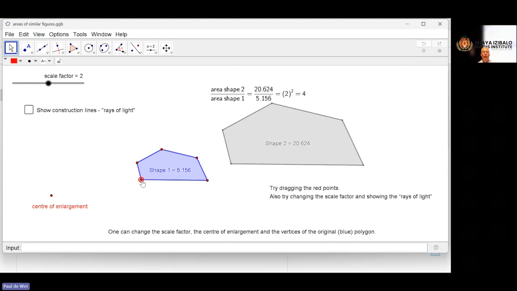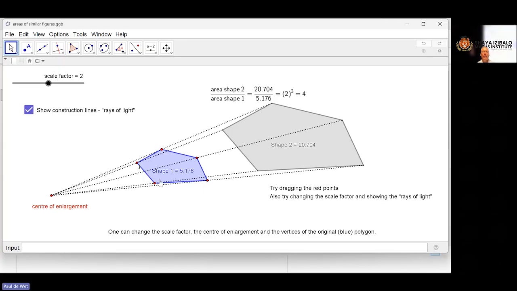I want you to think of this as a shadow. If I hold my hand up in front of the projector, I get a shadow of my hand. My actual hand and the shadow are similar. Do you agree? If I come closer, the shadow gets smaller. If I go closer to the projector, the shadow gets bigger. And it's similar every time.